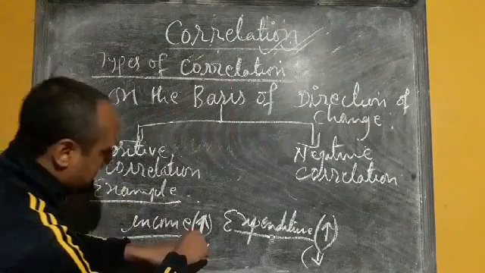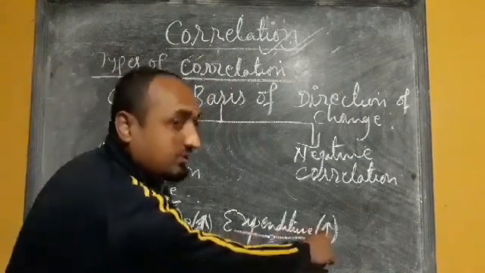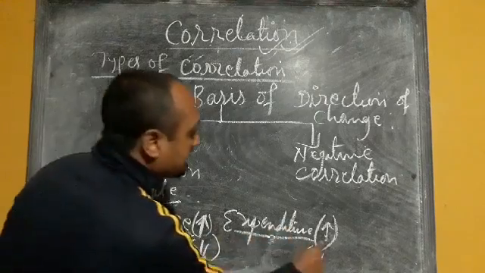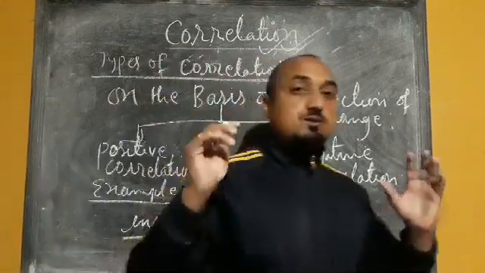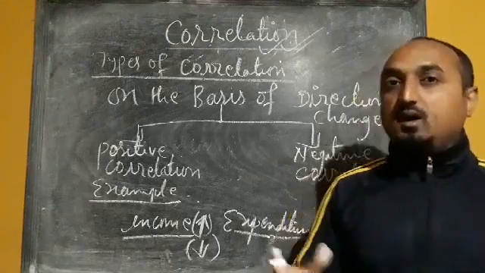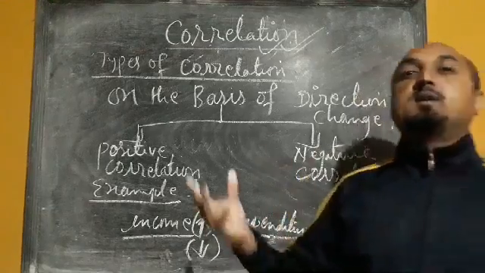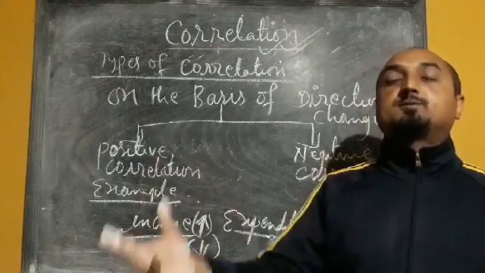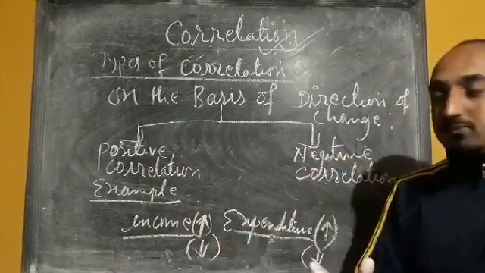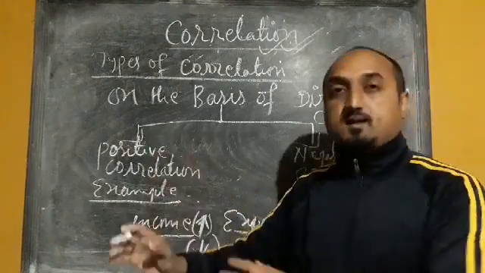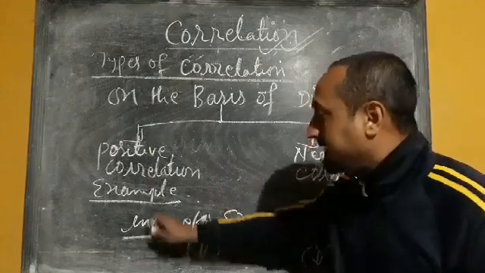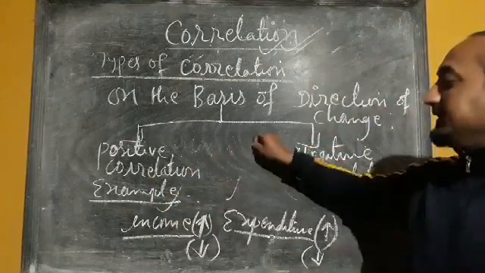This type of correlation is called positive correlation. Income and expenditure are positively interrelated, so there is a positive correlation between these two variables.